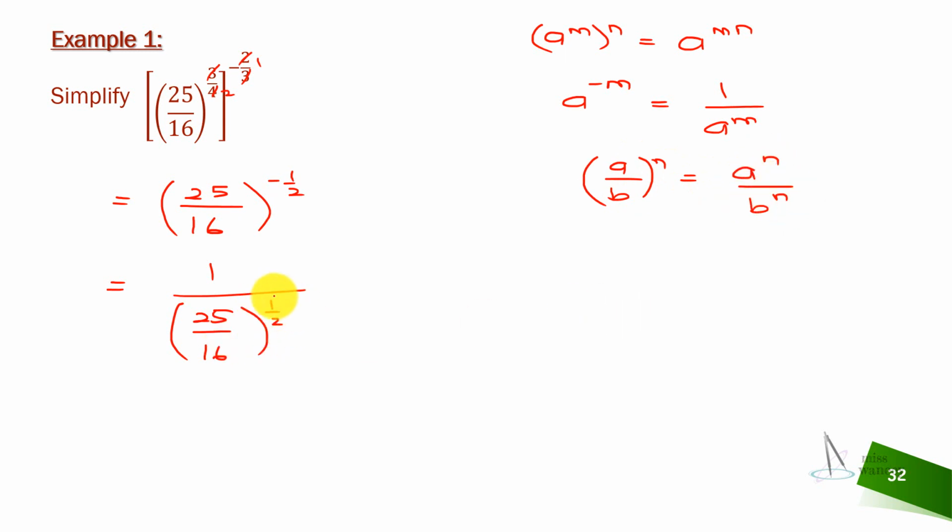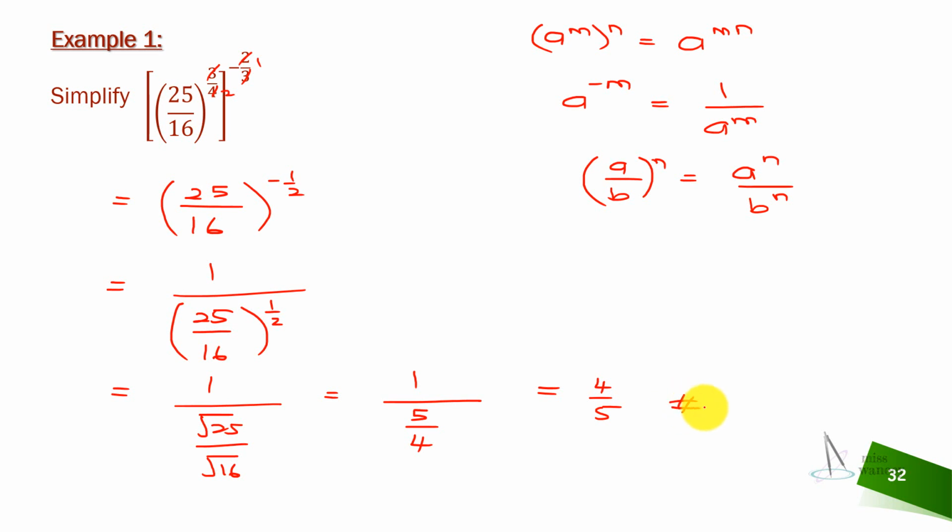And then 1 over 2 is actually a square root. So we're going to have 1 over the square root of 25 over the square root of 16. So this one will become 1 over, square root of 25 is 5, square root of 16 is 4. So since we have a fraction in our denominator, we can actually take the reciprocal of them. So this is actually 4 over 5.